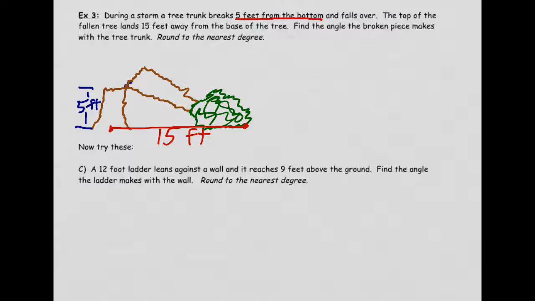Okay, and so they're asking me, find the angle that the broken piece makes with the tree trunk. So the broken piece, the angle that the broken piece makes with the tree trunk. So they want this angle right here.